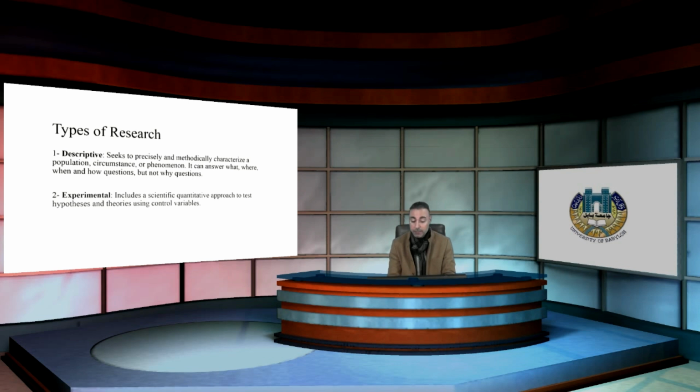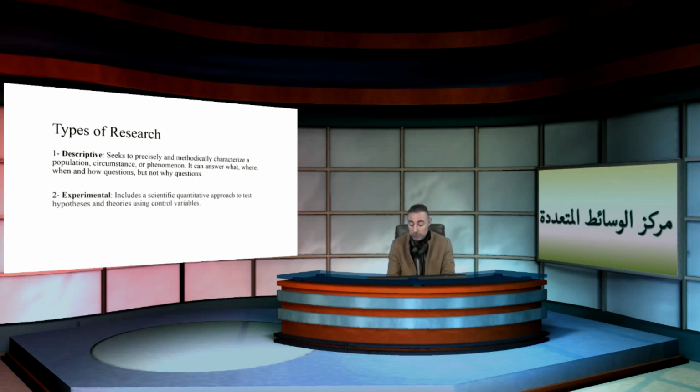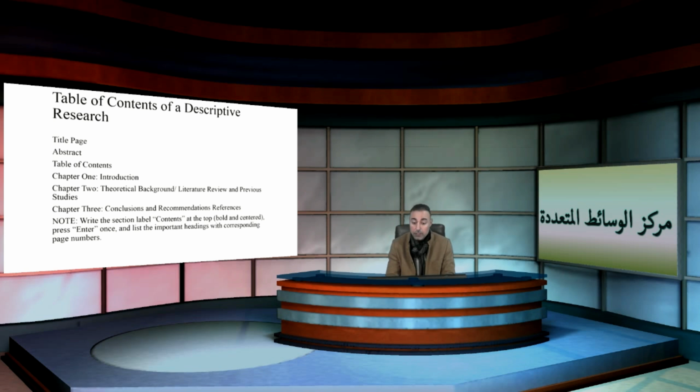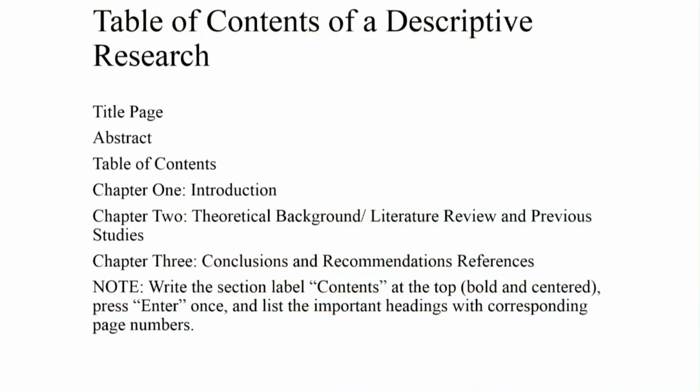Experimental research includes a scientific quantitative approach to test hypotheses or theories using control variables. With this type, you are going to answer the why or how questions, because you will go through that in detail with me in a few moments.